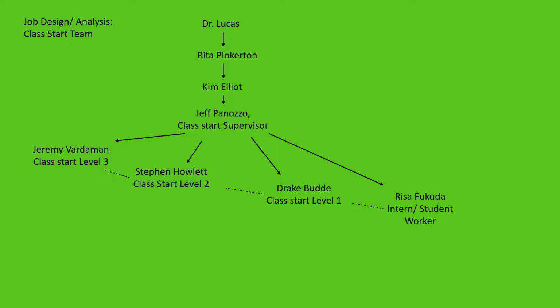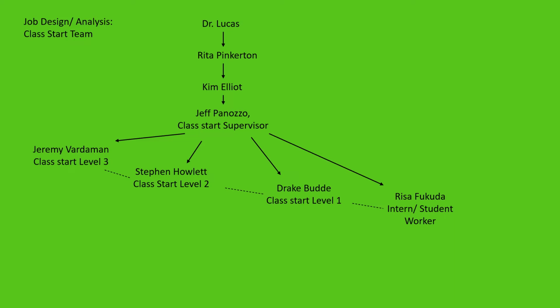And these are not intended to be indications of explicit power. Technically, in explicit terms, Jeremy, Stephen, and myself are all on the same level. But there is still kind of an informal power and an expertise power that comes with it. Jeremy holds the term level 3.